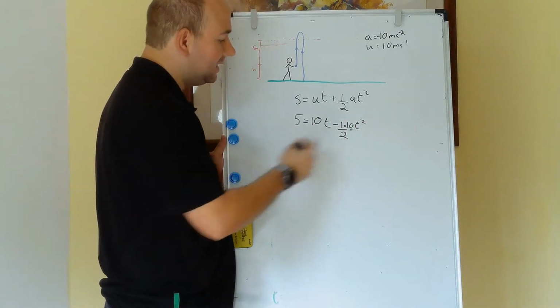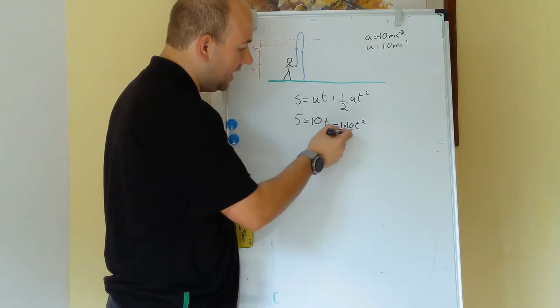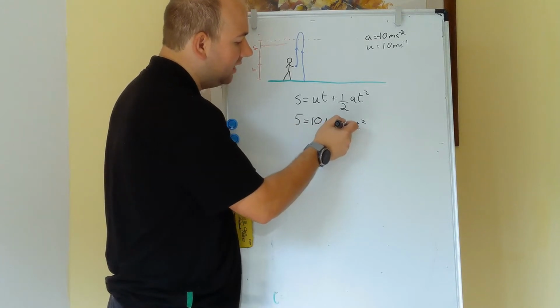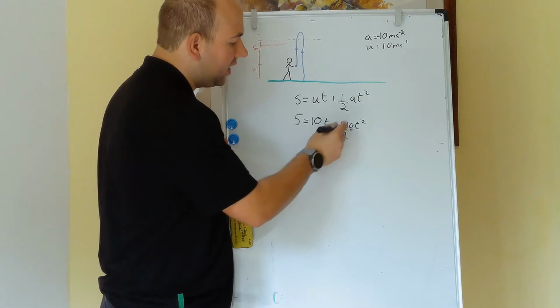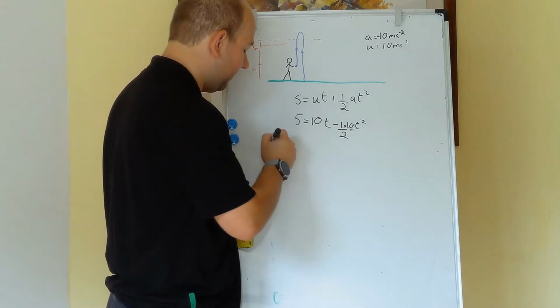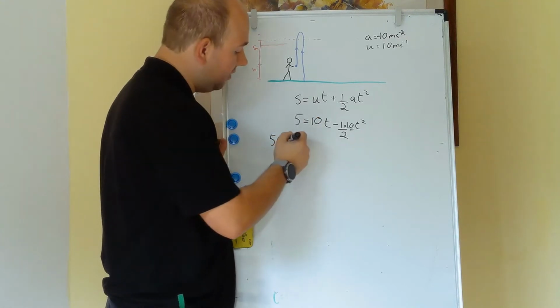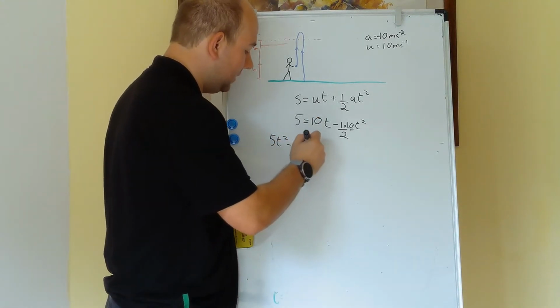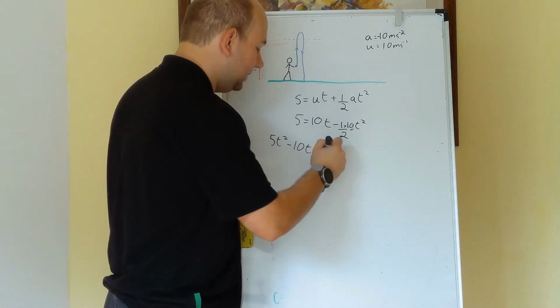So I can now tidy this up and bring everything to the same side. I'm going to leave the 5 where it is. I'm going to bring this half times 10t squared over to the other side, and because we've got a half times 10, I'm going to change that to 5. So we're going to have 5t squared. This 10t is going to come over and become minus 10t, plus 5 is equal to 0.